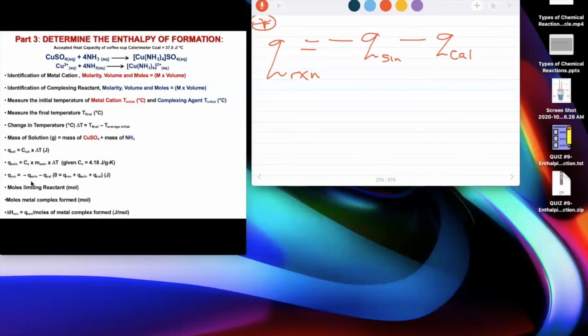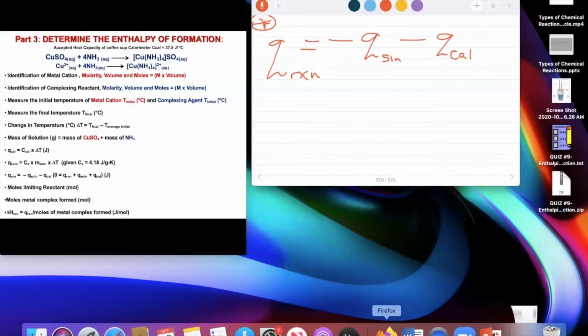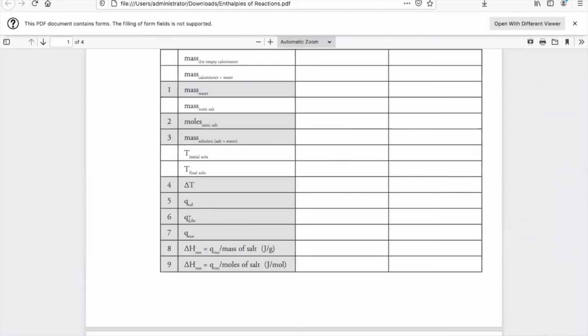Pay attention to this. All right. If I know the Q for the solution and Q for the calorimeter, which you already have those values, I don't know which line it is. I think it is line 6 and line 5.